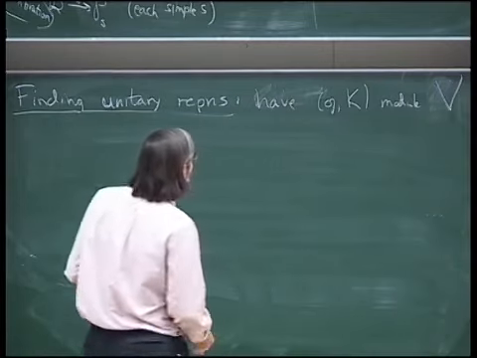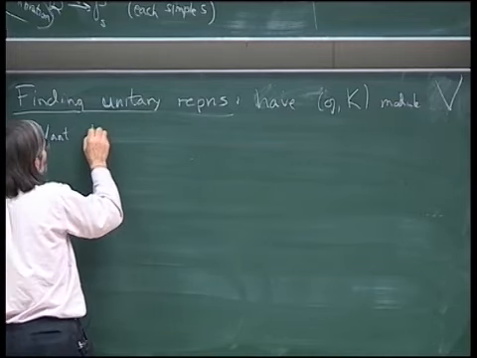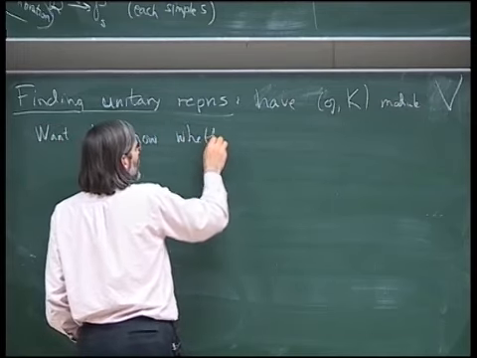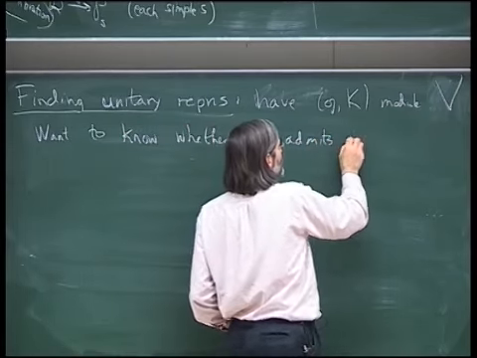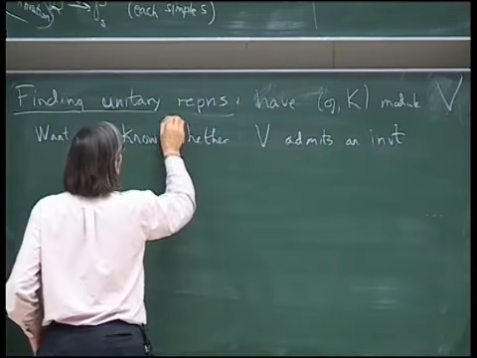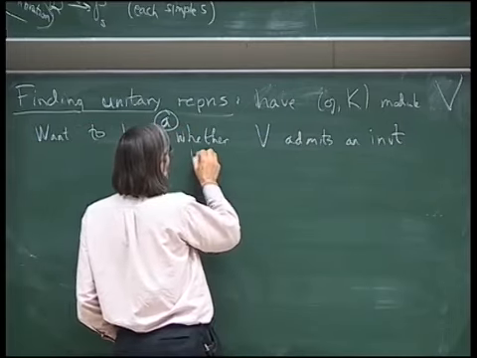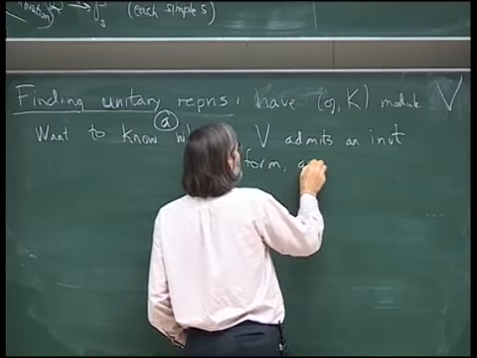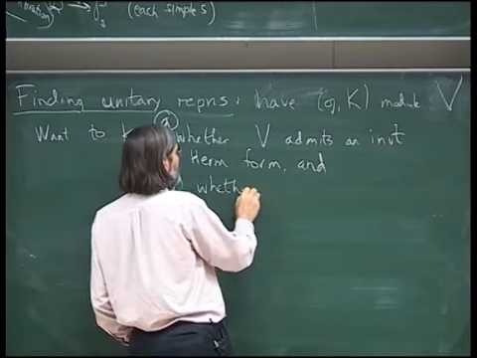And what I want to know is whether V admits an invariant Hermitian form. Well, the first question is whether V admits an invariant Hermitian form. And the second thing I want to know is whether the form is definite.